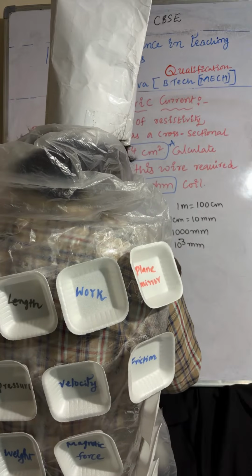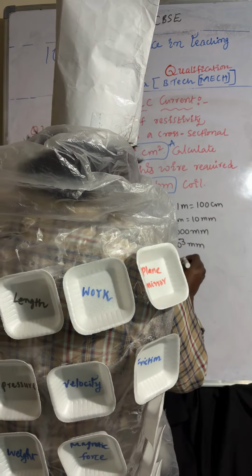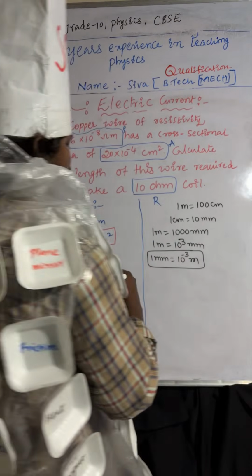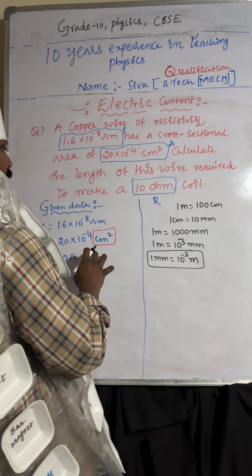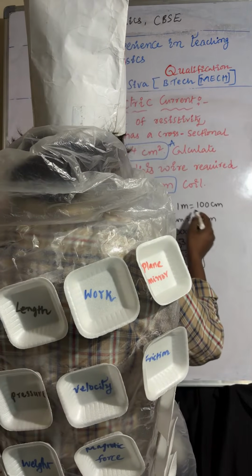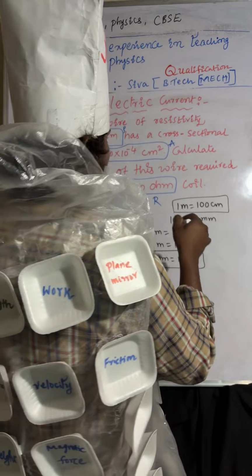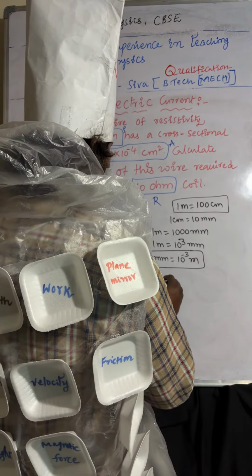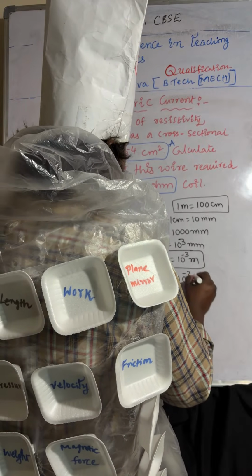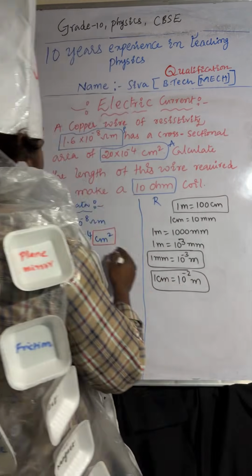So 1 mm equal to 10 power minus 3 meter. Understood? They have given centimeter only, right? So we can go from centimeter itself. 1 centimeter equal to 10 power minus 2 meter.